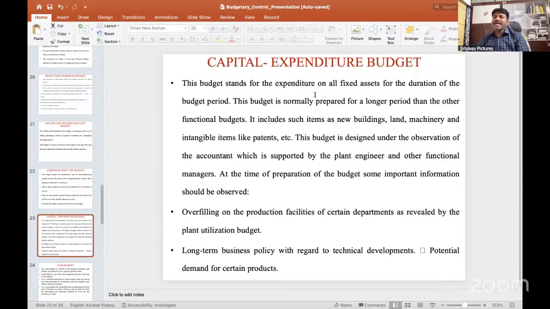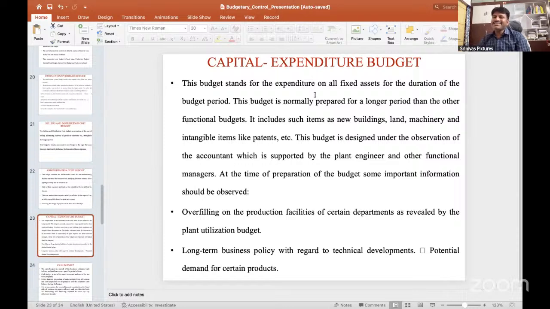This budget stands for the expenditure on all fixed assets for the duration of the budget period. It is normally prepared for a longer period than other financial budgets, since capital expenditure means long-term expenditure. It includes items such as new buildings, land, machinery, and intangible items like patents.